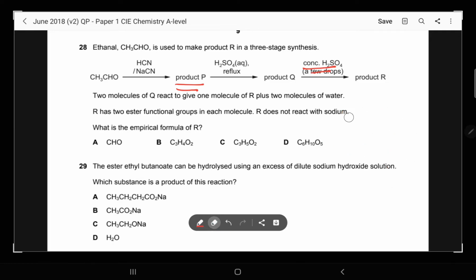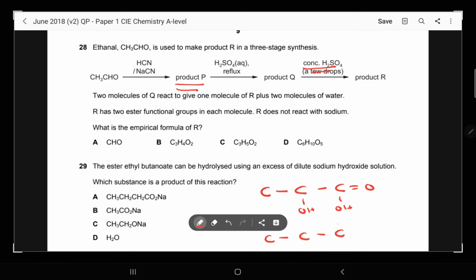So let me draw it in a clearer space. Let's see what happens. We now have C, C, C, O, OH. So COOH. And we have another carbon over here, carbon, carbon, carbon.